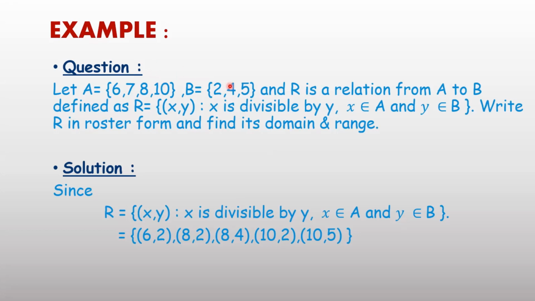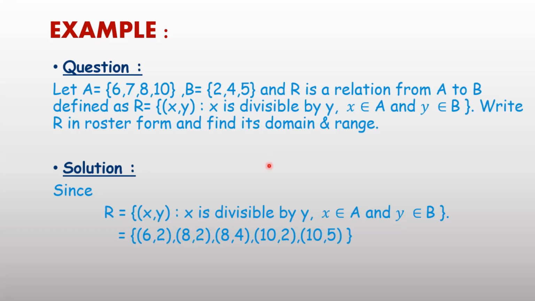It is not divisible by 4. Don't write it. 10 is divisible by 5, means next ordered pair (10, 5). In this pattern, R equal to {(6, 2), (8, 2), (8, 4), (10, 2), (10, 5)}. 1, 2, 3, 4, 5 elements are there.